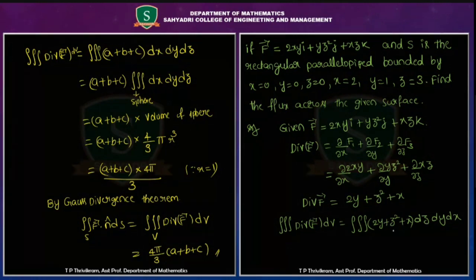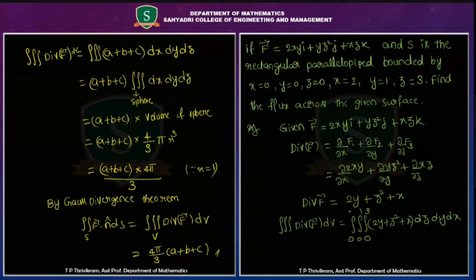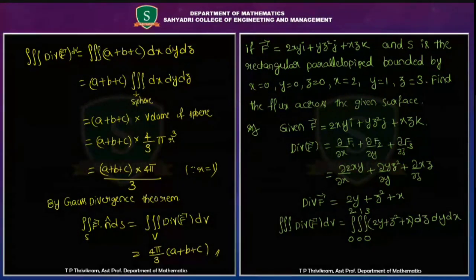So according to this, you have to write the limits. What are the z limits? 0 to 3. Next, y ranges from 0 to 1. Next, x ranges from 0 to 2.